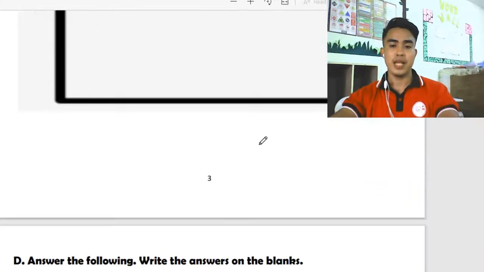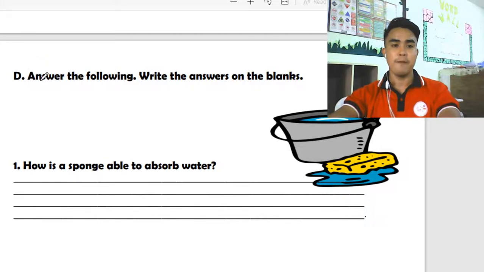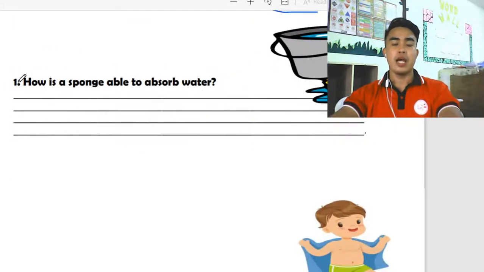Okay. Next, let's proceed to the next activity. We have here activity D. You will just answer the following. Write the answers on the blanks. Example, question number 1. How is sponge able to absorb water? How does the sponge absorb water?